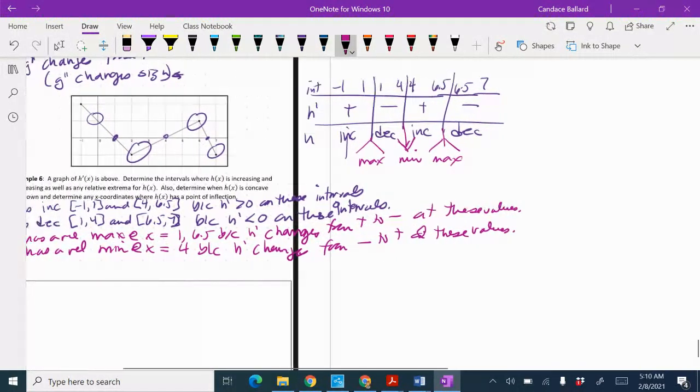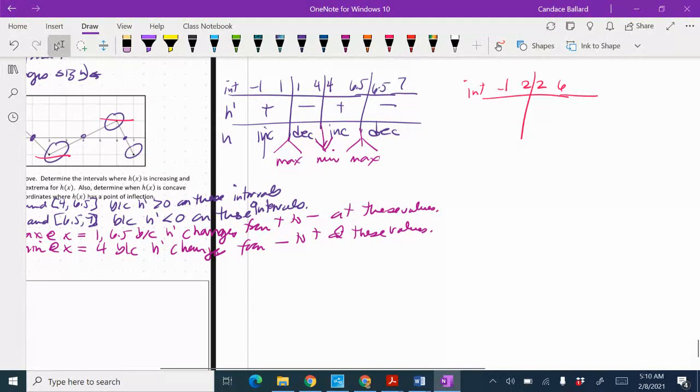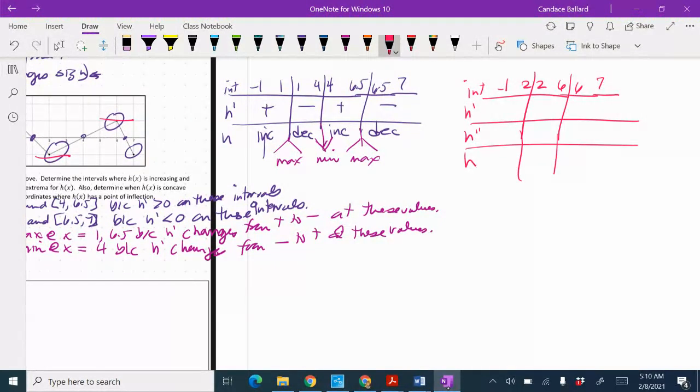All right, now we have to do concavity. I'm sorry I did not give you enough space. All right, so concavity, I'm looking for horizontal tangents. So it looks like I've got 2 of those. So my intervals are going to be from -1 to 2, 2 to 6, and 6 to 7. And then we're going to look at what's going on with h prime, h double prime, and finally h.